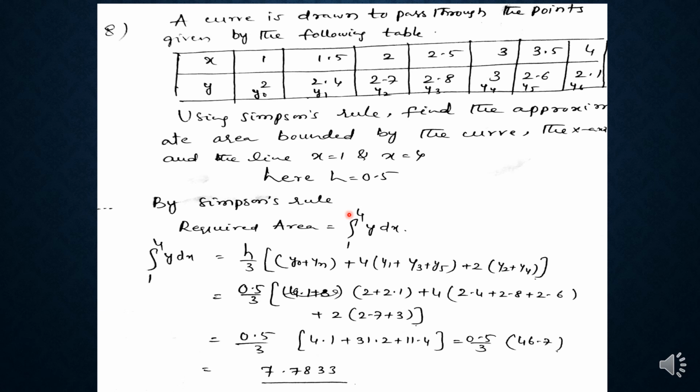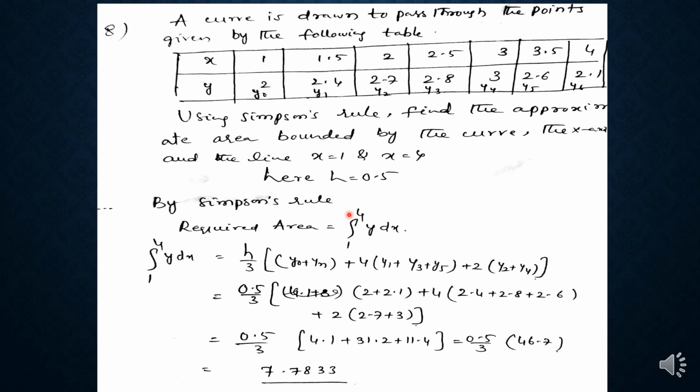Here also we take the values a and b, note down a, b and n the number of divisions, and calculate h, which is equal to b minus a by n. Then find the values of y at x0, x1, x2, x3, xn, and note them down as y0, y1, y2, y3, yn. Then substitute these values in Simpson's 1/3 rule.